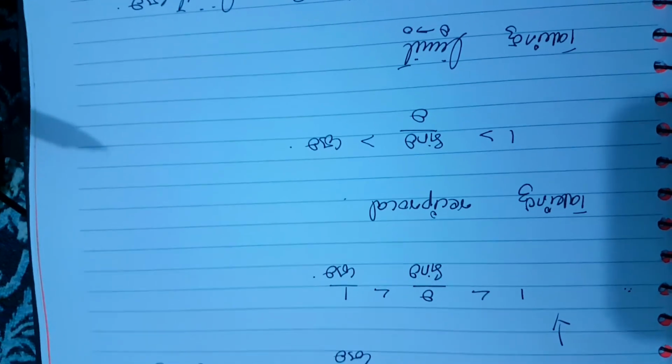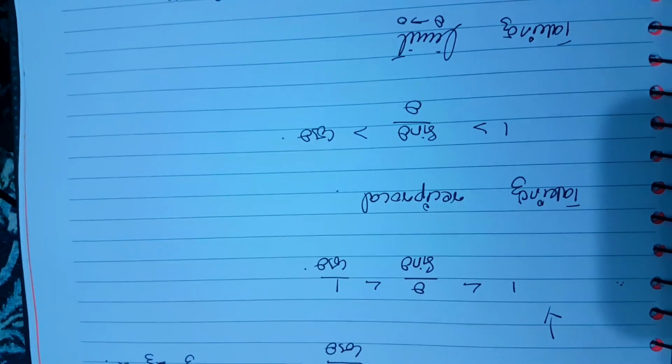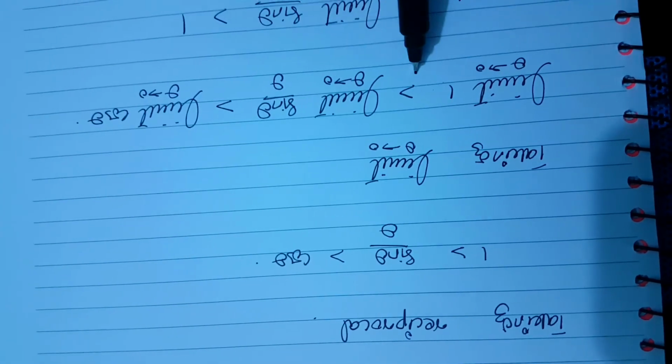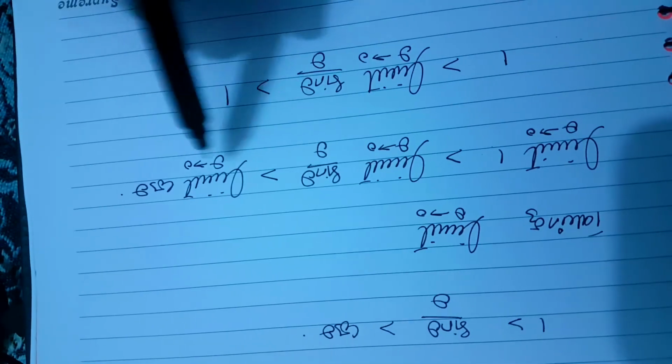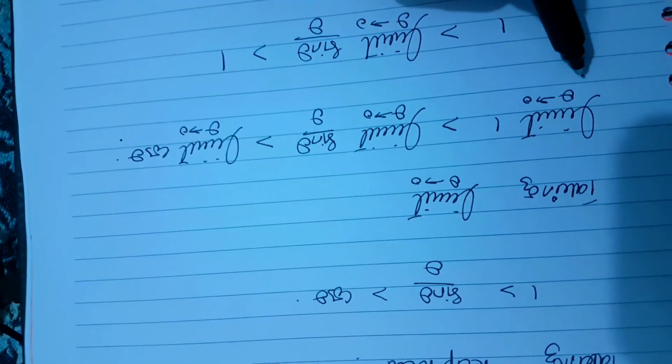Now I take the limit as theta approaches 0 throughout. The limit of 1 is 1, which is greater than the limit as theta approaches 0 of sine theta by theta, which is greater than the limit as theta approaches 0 of cos theta.